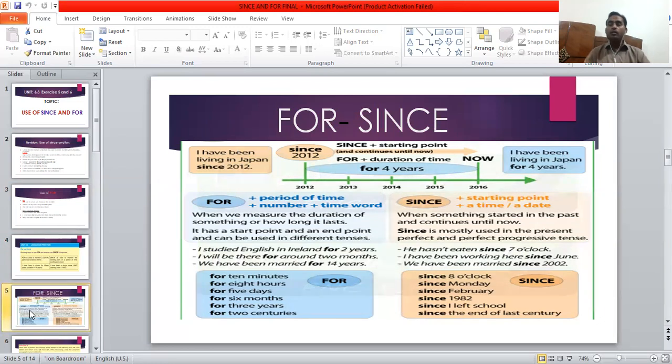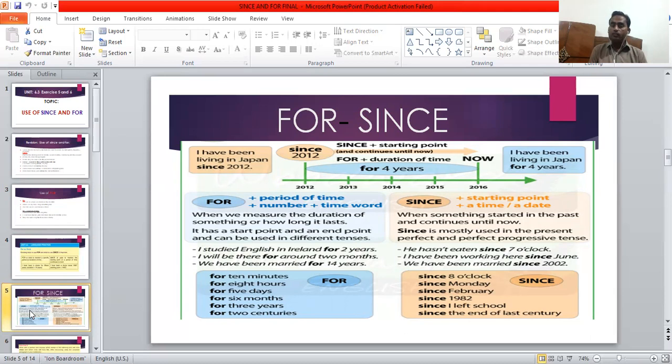The other example is I have been living in Japan for 4 years. Now you see that 2012 is the start point, so I use since. And in the next sentence I've used for 4 years. The 4 years, I know the start and end. So that's the reason we have used for.